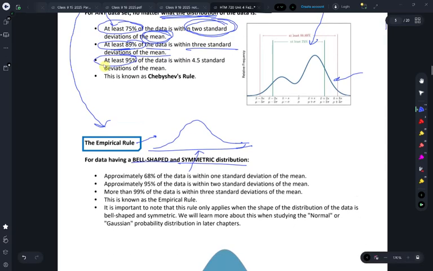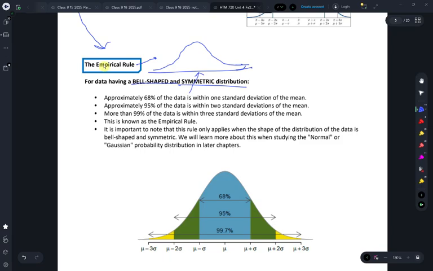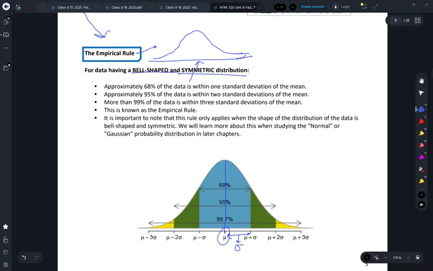It says that if you locate the mean of a bell-shaped and symmetric distribution, of which a normal distribution is one, and you take one step, and by one step we mean one standard deviation from the mean, represented by the population standard deviation, I'll arrive at a point.